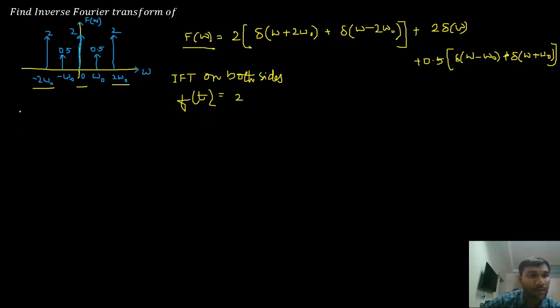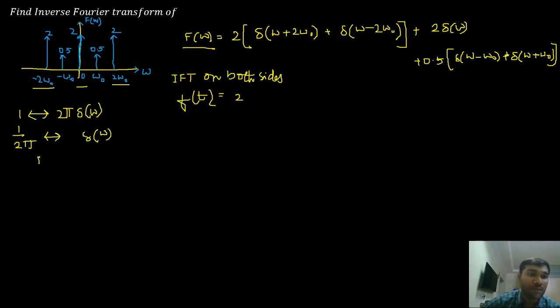Let me take the Fourier transform of 1, right? What is the Fourier transform of 1? It is 2 pi delta of omega, right? Now I'll get the 2 pi to the left side. So 1 by 2 pi will have Fourier transform delta of omega.